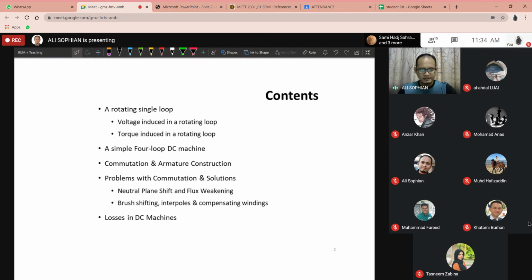After that, we are going to look at a more complex one, but still relatively simple, which is a four-loop machine. Then we are going to look at a more realistic machine, inshallah. Following this, we will look at problems with the mechanism in terms of commutation, and the solutions that are available for us.